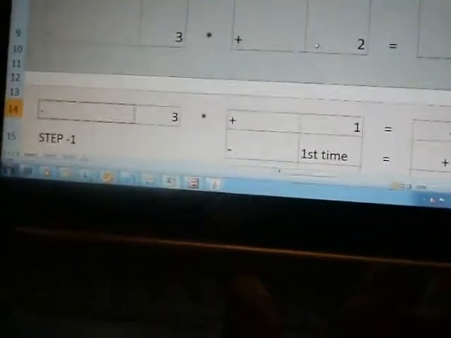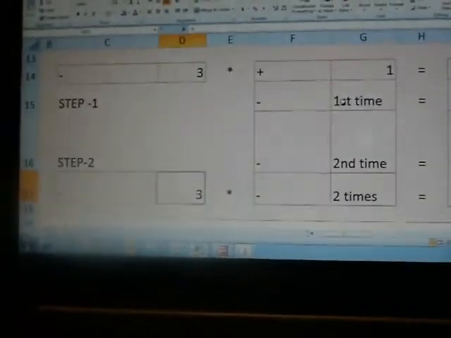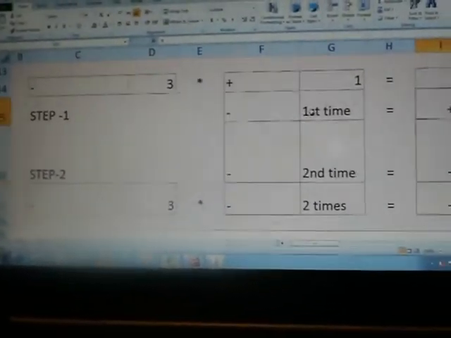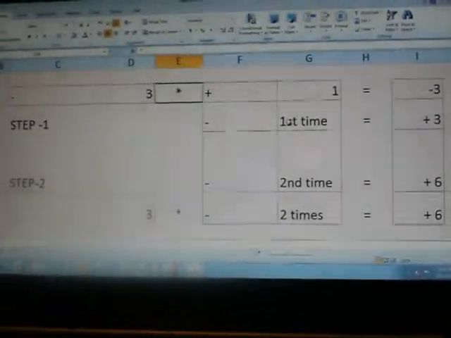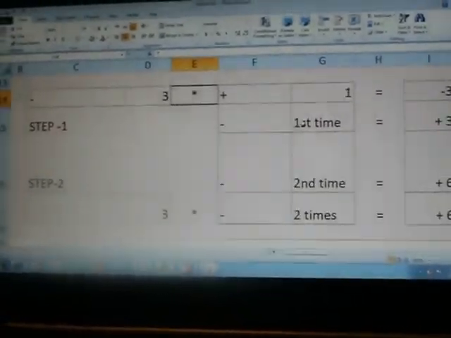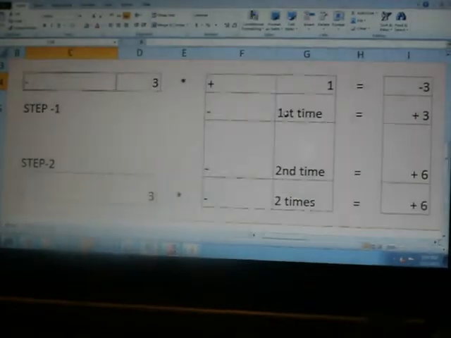Coming to the next formula, this is minus 3, I am going to tell you how minus 3 into minus 2 equal to plus 6. So let's start with minus 3 into plus 1, that is nothing but you are traveling toward office 1 time in the same direction, which will make you reach 3 miles toward office from home, that is minus 3.